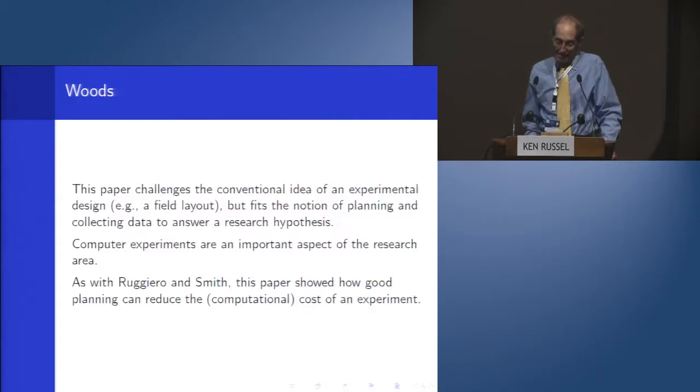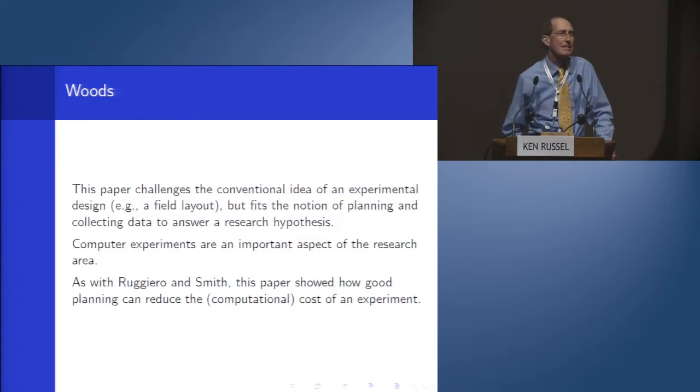Dave Wood's paper challenges, at least for me, the conventional idea of an experimental design, such as a field layout, but it certainly fits the notion of planning and collecting data to answer a research hypothesis. And I'm sure we're going to see more and more computer experiments as the years go by.